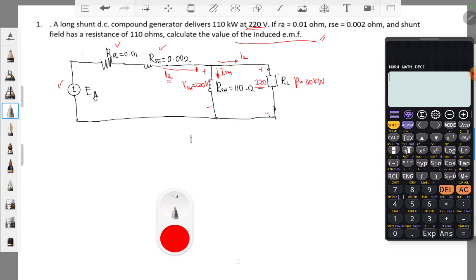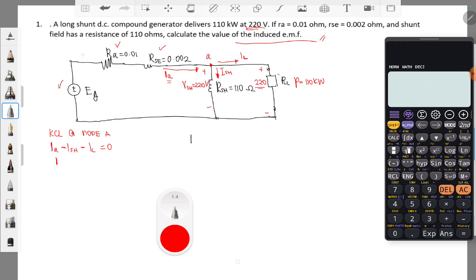Now from this we can solve for our ISH and our IL. But before that, let's take KCL at node A. Taking KCL at node A, you would notice that the current entering the node is IA, the current going out of the node is ISH, and the current going out is also IL, which is equal to 0.